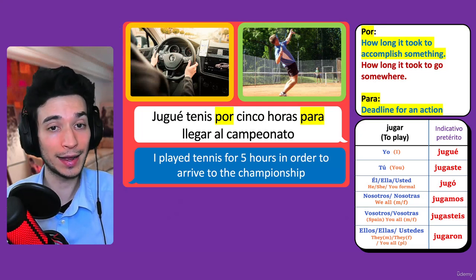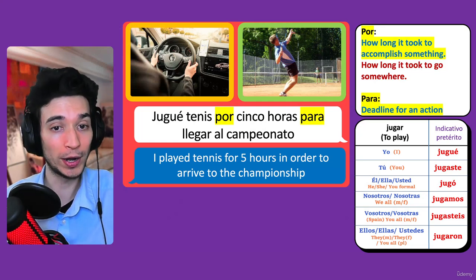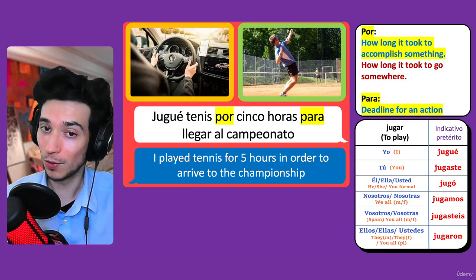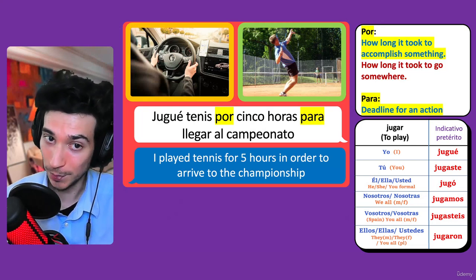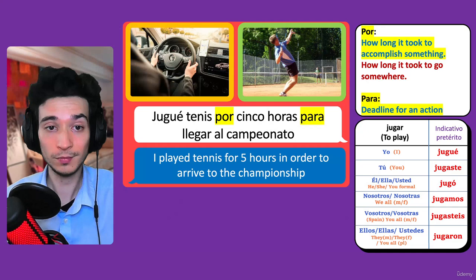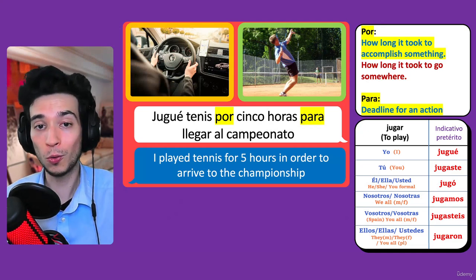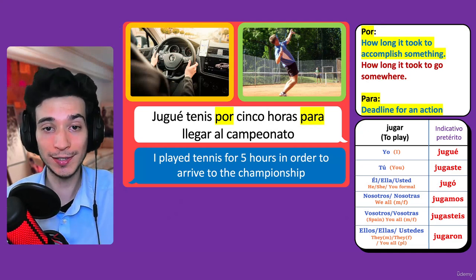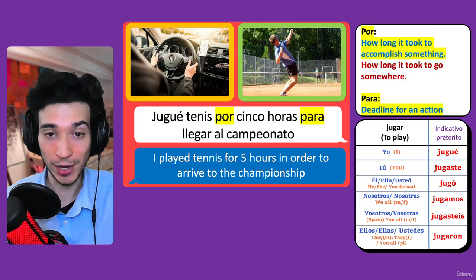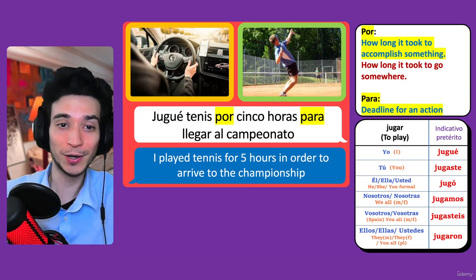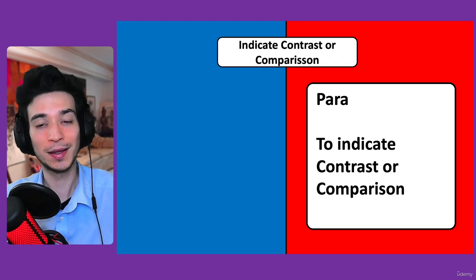Para llegar al campeonato. So basically, to arrive to the championship. Okay, one more time. Jugué tenis por 5 horas para llegar al campeonato. So yeah, you can see how this is being used.